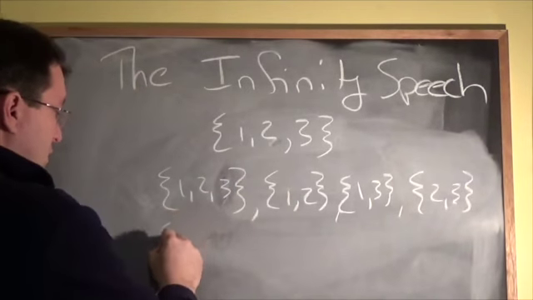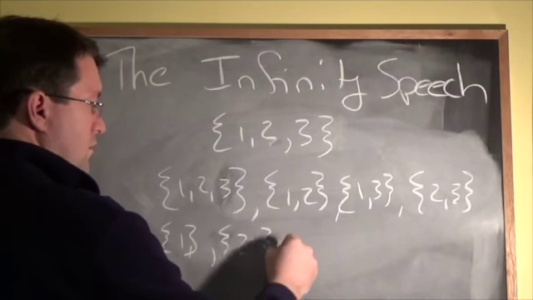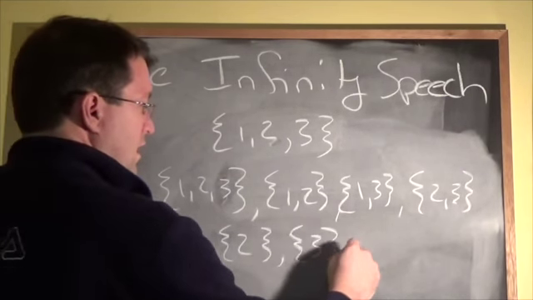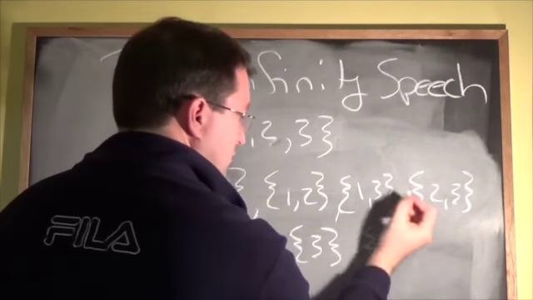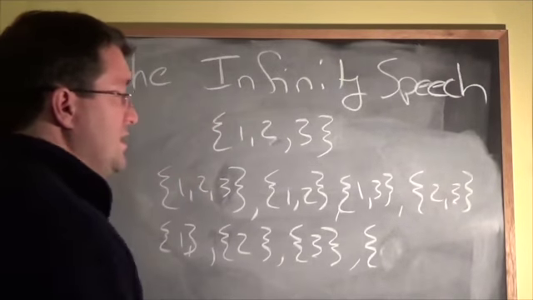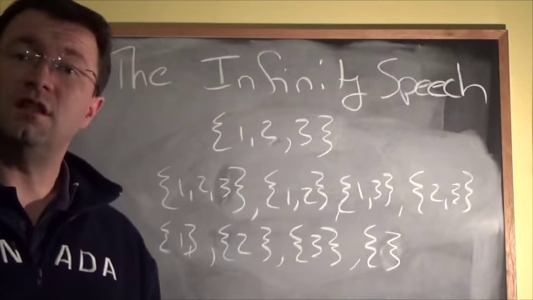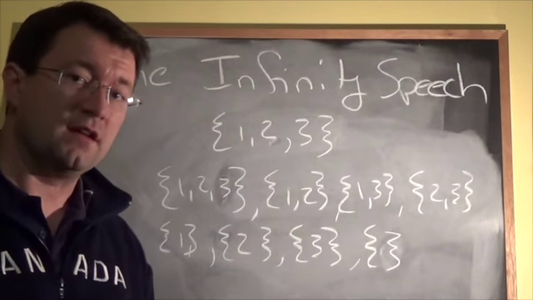Or I could have singles. I could have the 1, the 2, or the 3. Or finally, I could also have the empty set, which has nothing in it. And I notice that there are 8 different subsets that I can create.